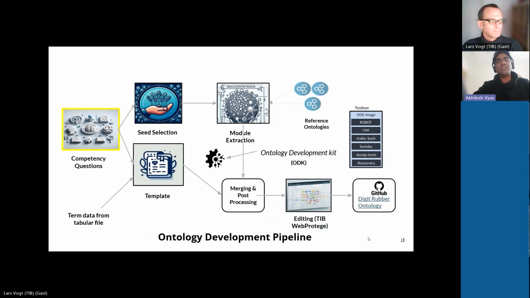So in the competency questions, we have general questions about the application ontology and the use case questions. They are prepared by our project partners, some of whom are domain experts and some are use case owners. Here you can see a few examples.